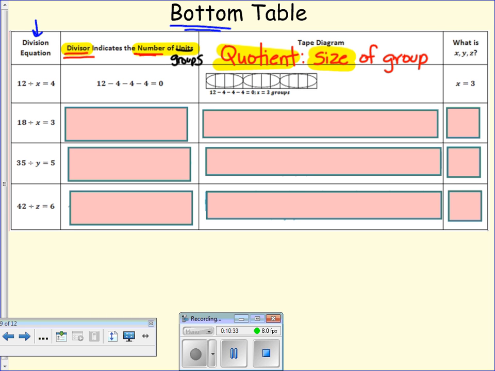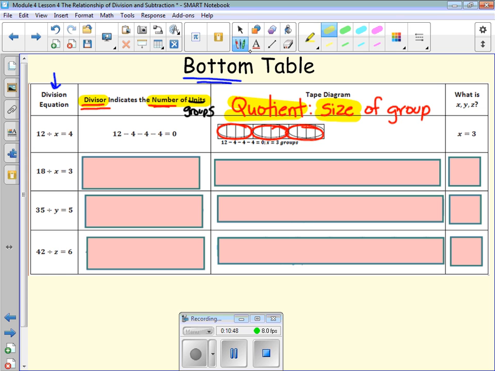So 1, 2, 3, 4, make a group. 1, 2, 3, 4, make a group. 1, 2, 3, 4, make a group. So how many groups did we make? 3. So x equals 3 groups.